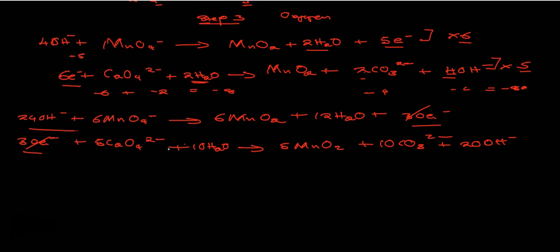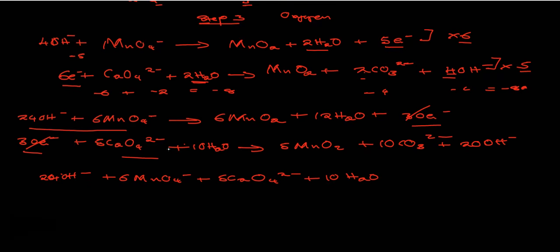So we start by adding the reactants. So we are going to have 20, actually 24 hydroxide, 6, then you add plus 10 H2O. Then we come to the product side.